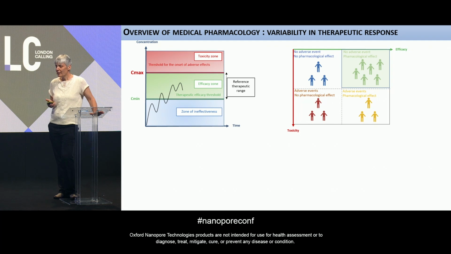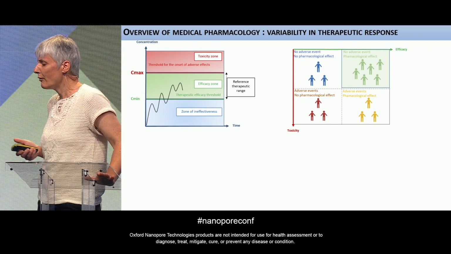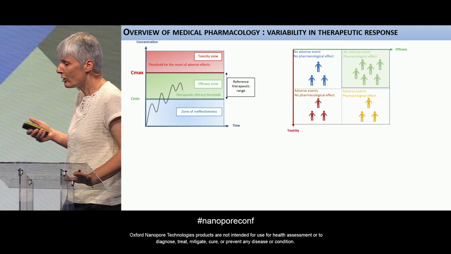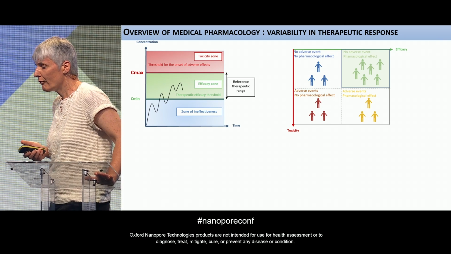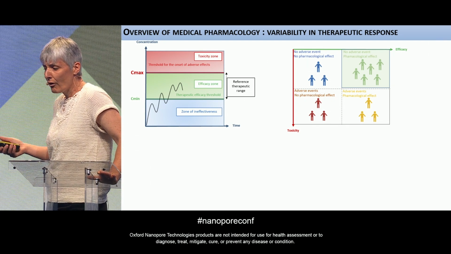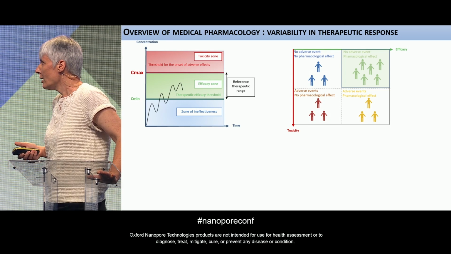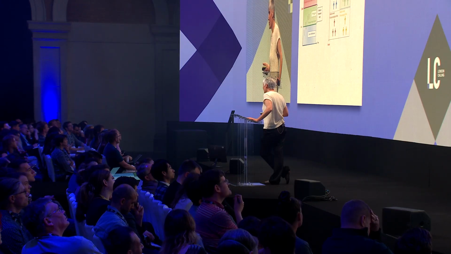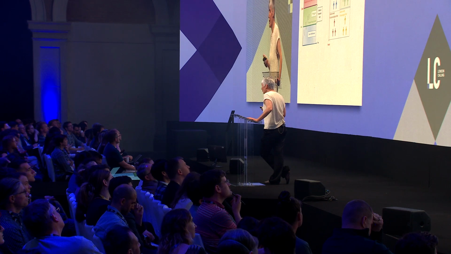In that case, we also have to identify the mechanism of toxicity for this patient to adjust the therapeutic. And the third situation is one in which, for some patients, we can observe adverse events, but no pharmacological benefit.